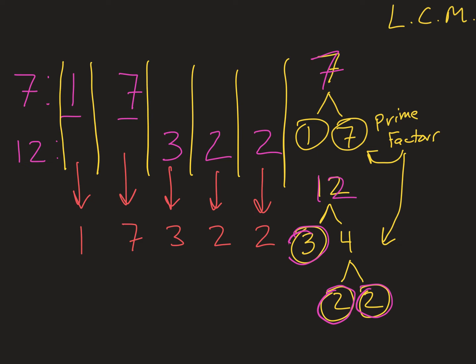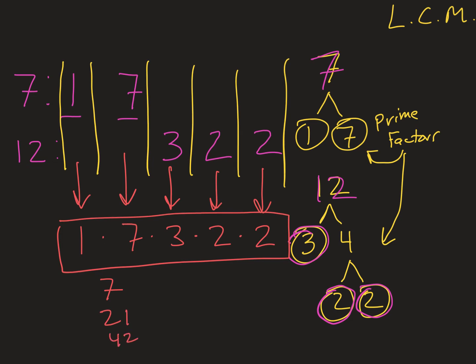We'll do another example where the numbers are on top of each other. But once you have these, we're going to multiply them. So 1 times 7 is 7. 7 times 3 is 21. 21 times 2 is 42.